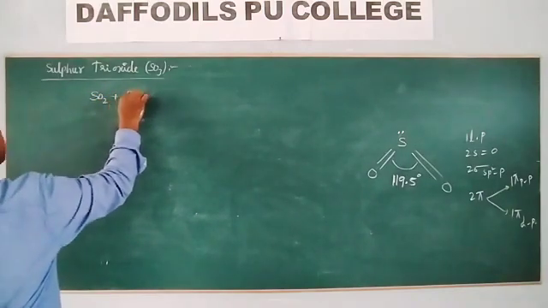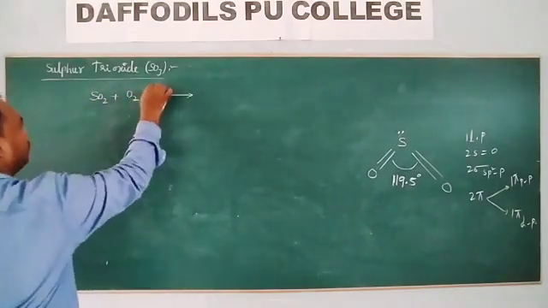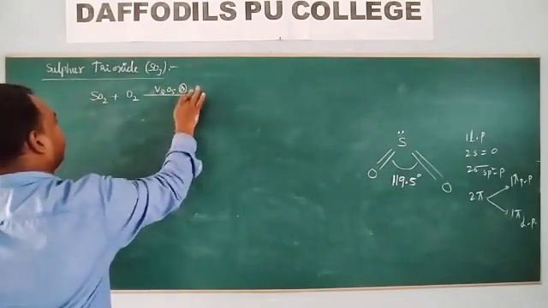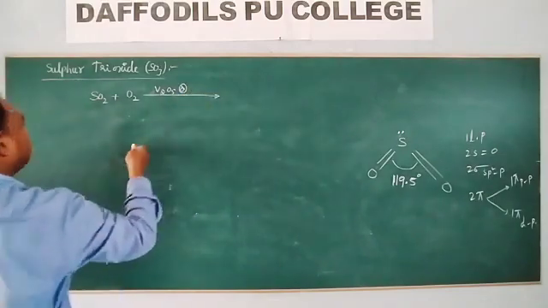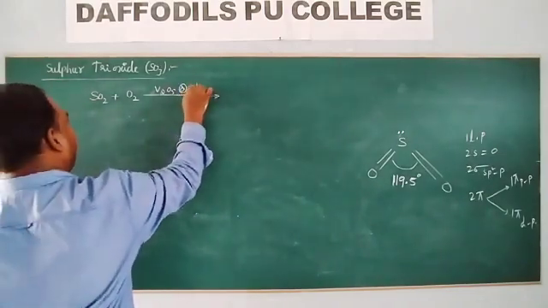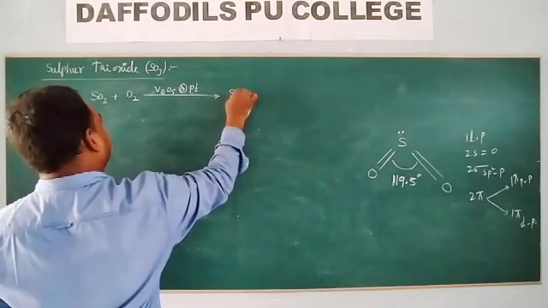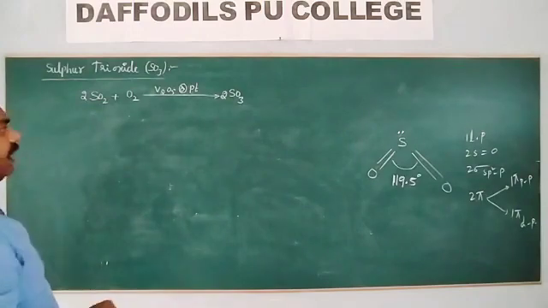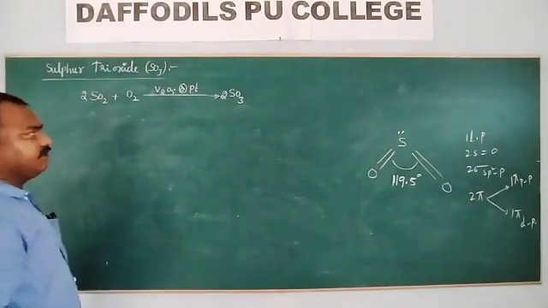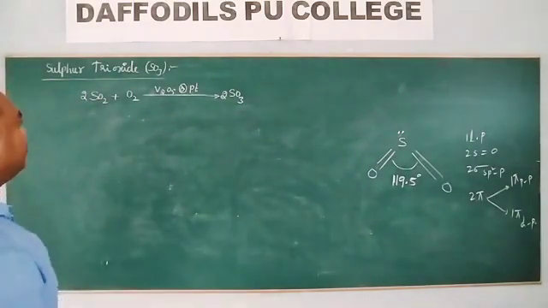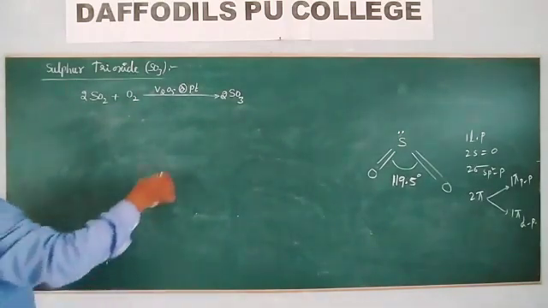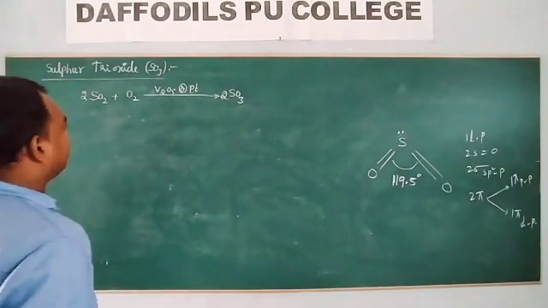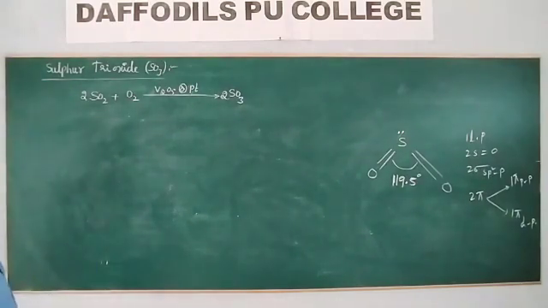When sulfur dioxide is oxidized with oxygen in the presence of vanadium pentoxide, or in the presence of platinum, then you get sulfur trioxide. The catalyst is vanadium pentoxide, or you can use platinum as the catalyst.